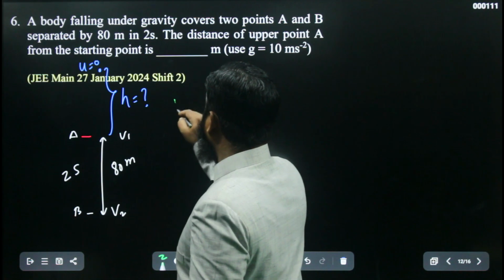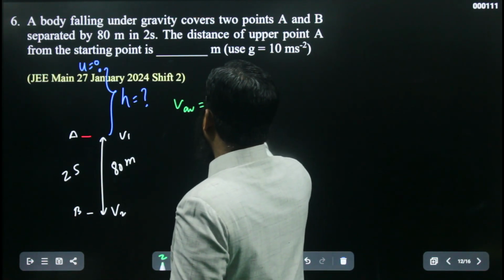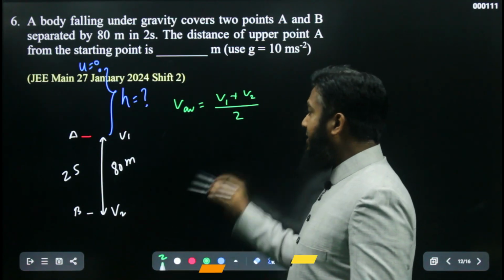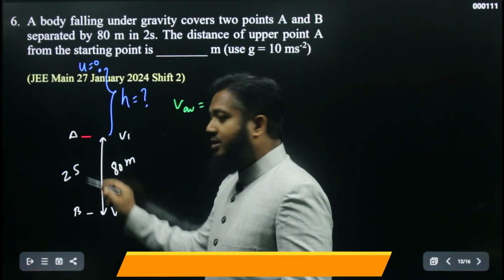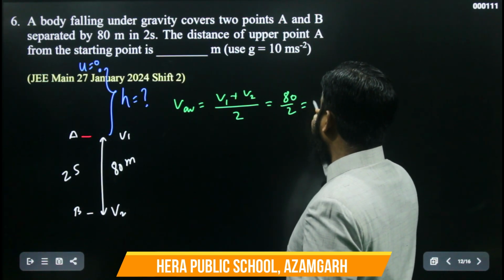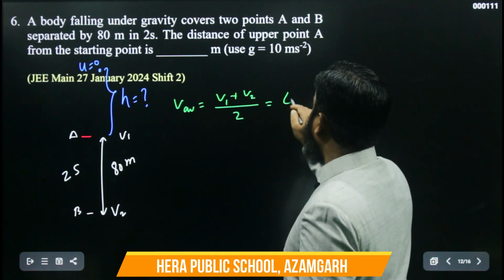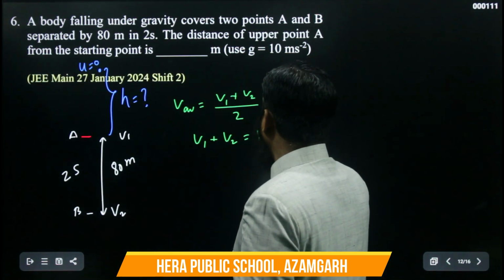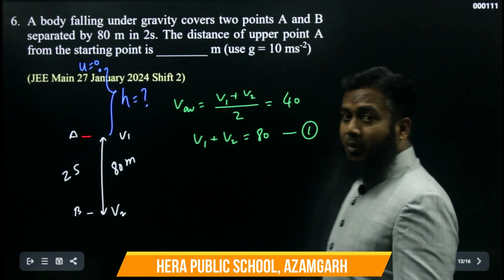So what would be average speed here? v1 plus v2 divided by 2. And we can also write the same average speed as total distance upon total time, that is 80 over 2. So this is 80 over 2, that is 40. So from here v1 plus v2 is equal to 80. This is our first equation.